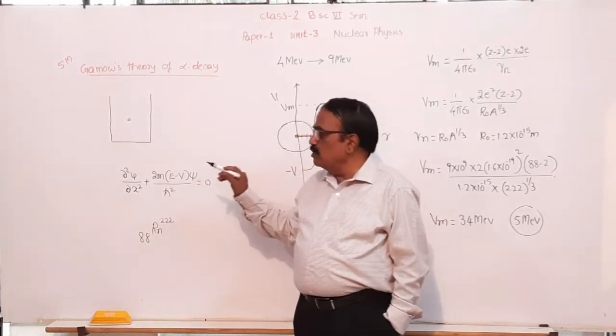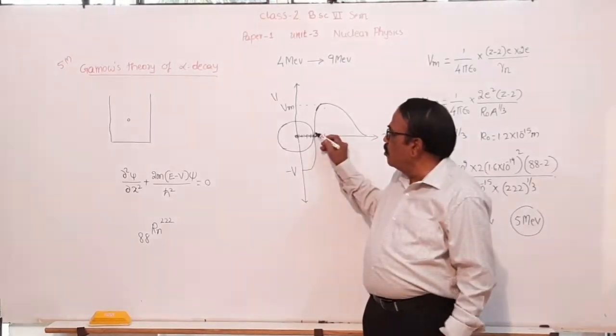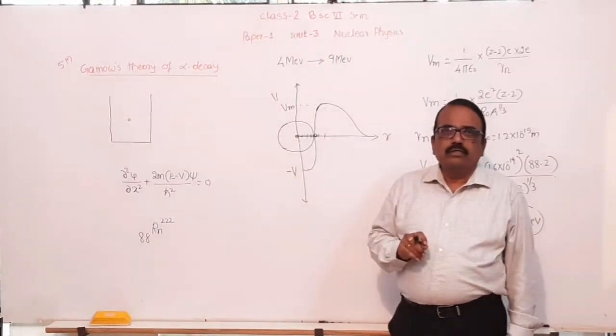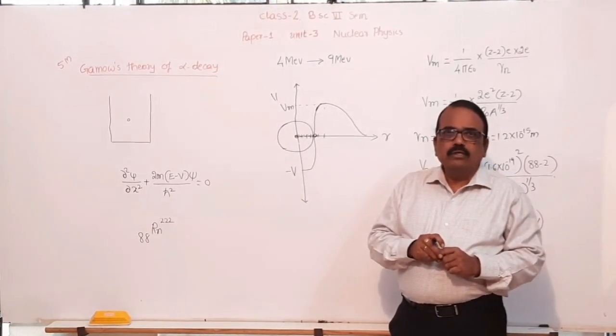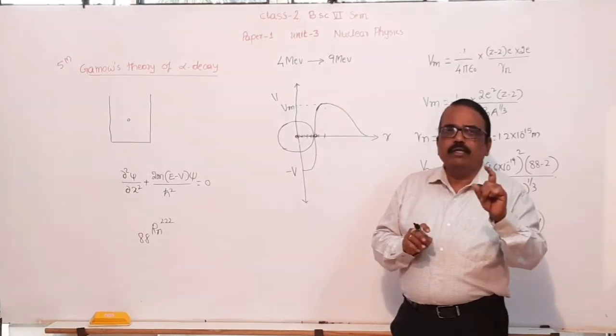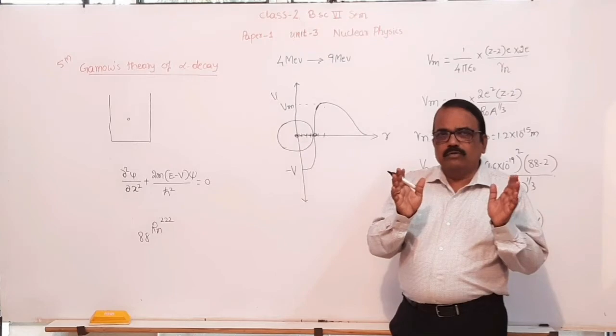And solving all these Schrodinger's equations with appropriate boundary conditions, that gives, when the alpha particle was inside the nucleus, it has got a finite probability of coming out from the nucleus. So that gives what?